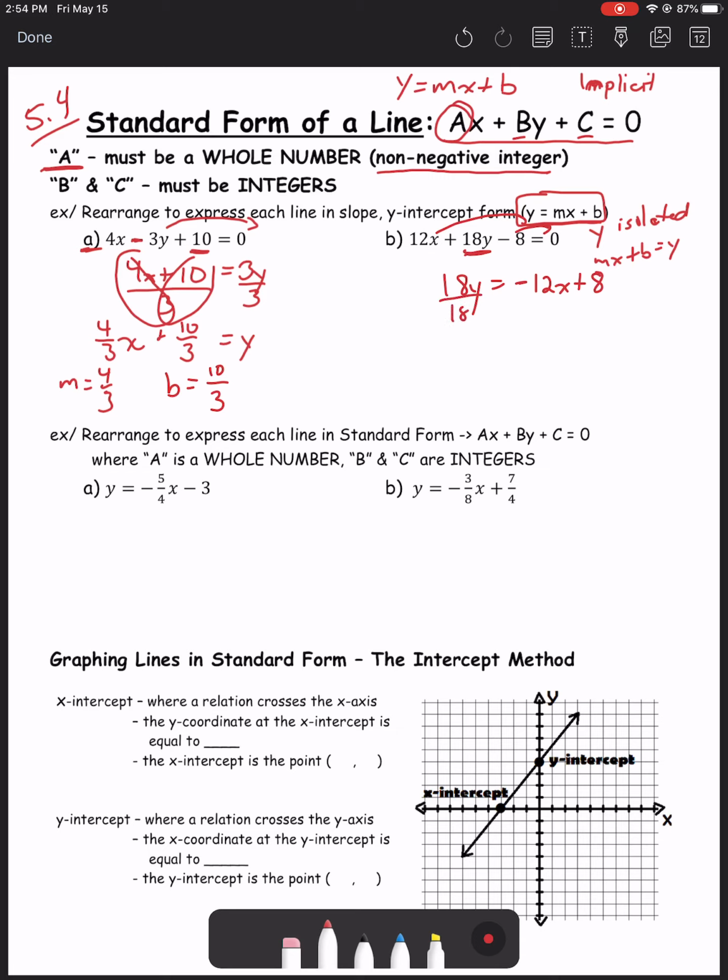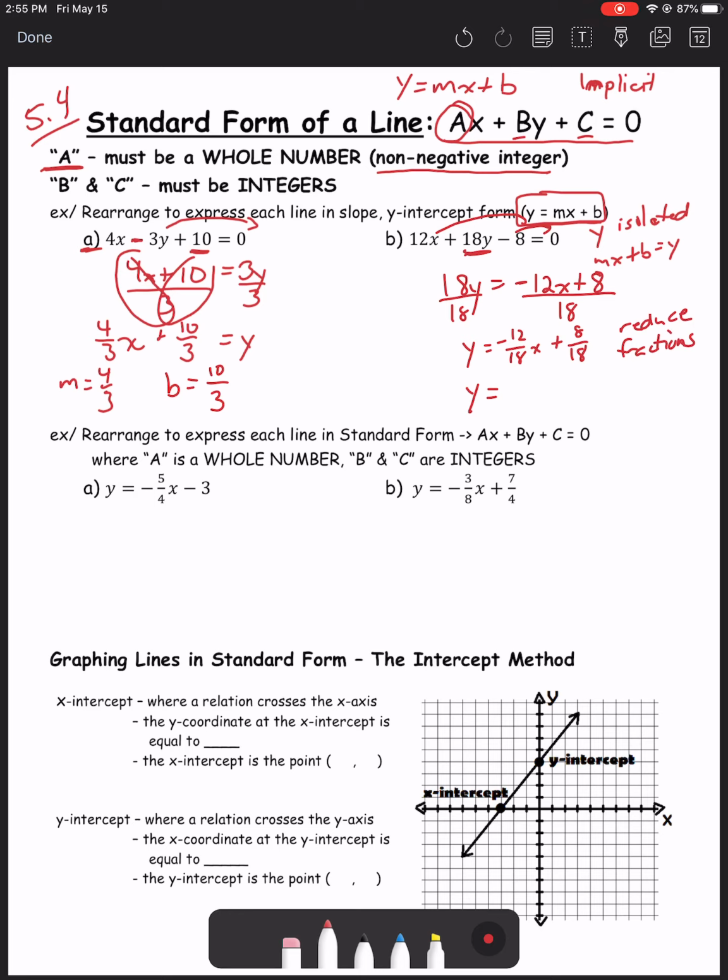Now when I divide both sides by 18, that gives me minus 12 over 18x plus 8 over 18. But those fractions are not in reduced form, or lowest terms. So we have to reduce all fractions.